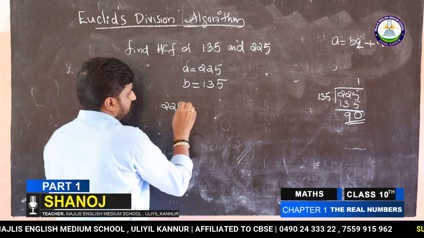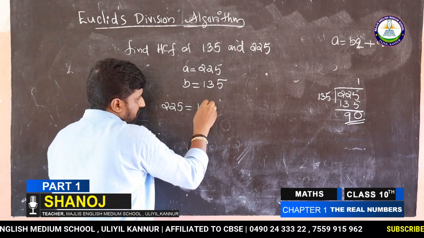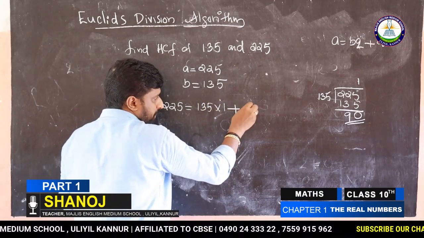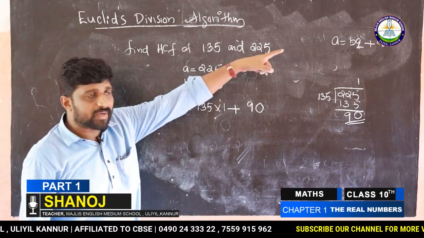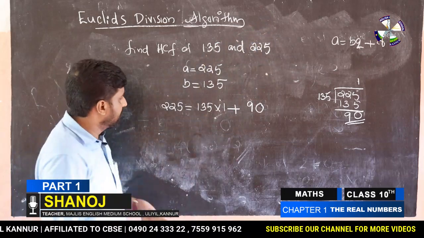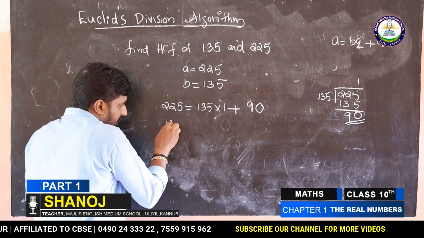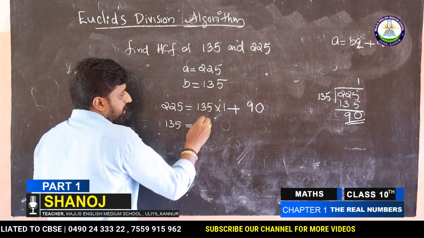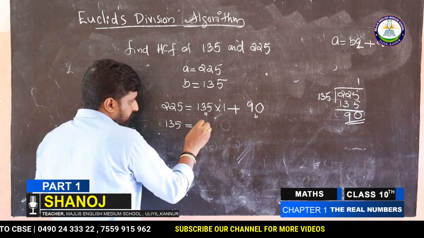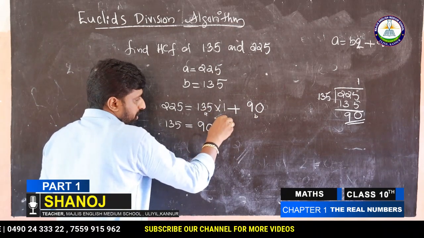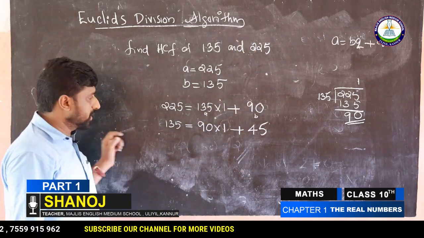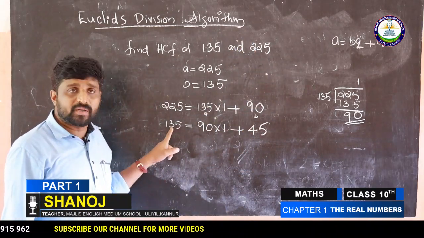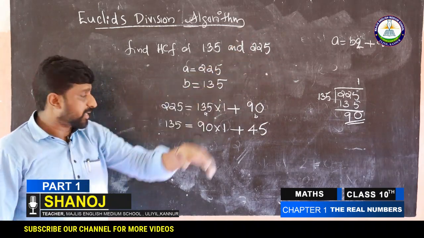Then 225 can be rewritten like this: 135 into 1 plus 90. Now this is in the form a equal to bq plus r. Then next we start with 135 as a and 90 as b. That is 90 into 1 plus 45. We can divide and find that.